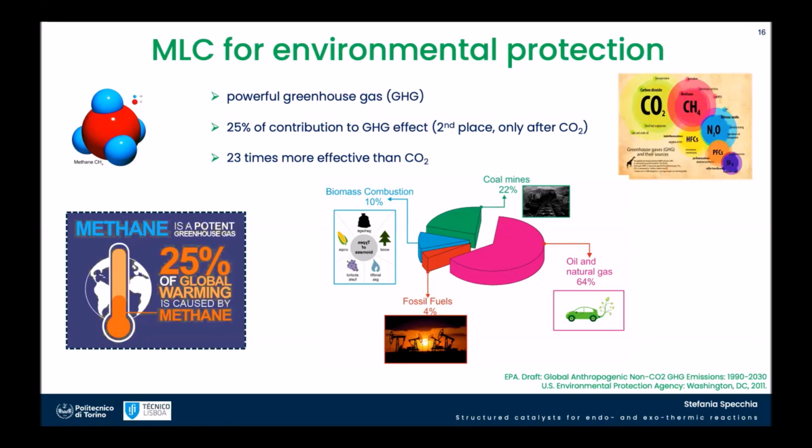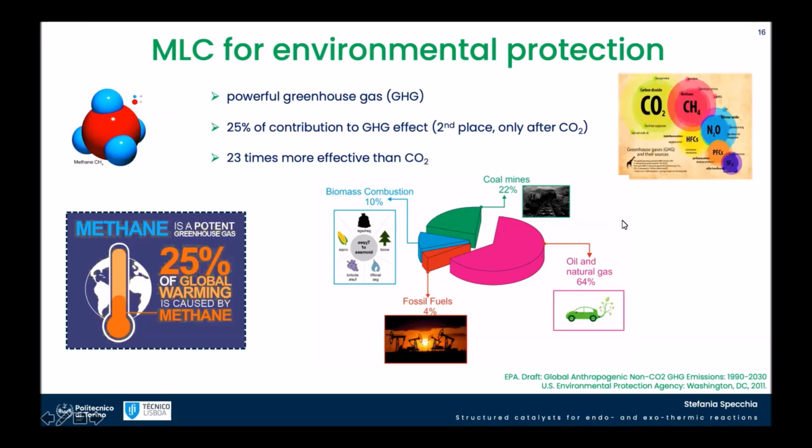And methane is a problem not only because of the cars fueled with natural gas I was mentioning before, but because in reality we have a lot of lean emissions, so very low concentrations of methane, which are emitted, for example, in all the countries where coal is mined. Holland, for example, in Europe, but China, for example. We have emissions from oil and gas and automotive, from the fossil fuel extraction.